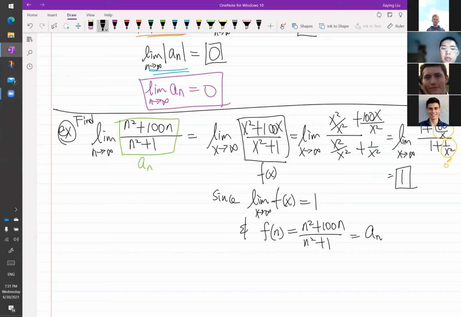Because of those two, therefore, we can just say the limit as n goes to infinity of a_n, where a_n is n squared plus 100n divided by n squared plus 1, is just equal to 1. So that's using theorem 1.